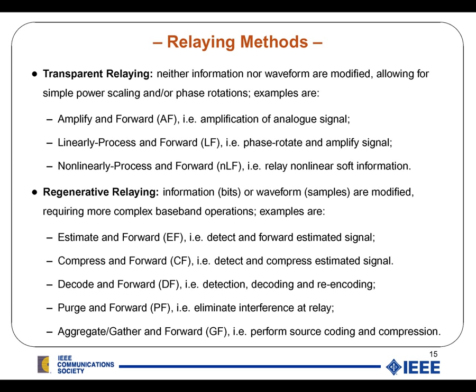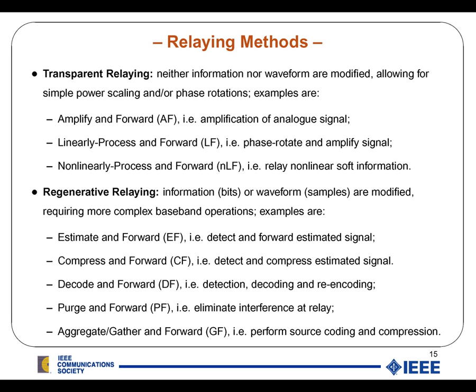Then you have the class of regenerative relaying, and here we modify information bits or waveforms, that means the samples, and that requires clearly some much more complex baseband operations. And examples are, and they are not conclusive, you have for instance the estimate and forward, the EF protocol. You would detect the signal and then you would forward the estimated signal.